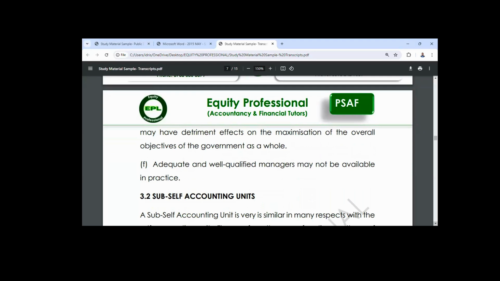Adequate and well-qualified managers may not be available in practice.